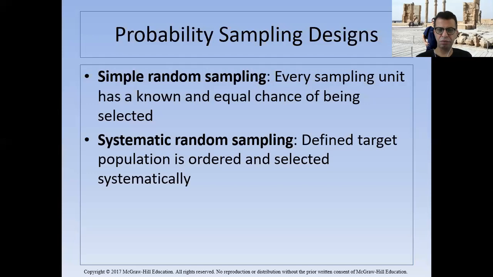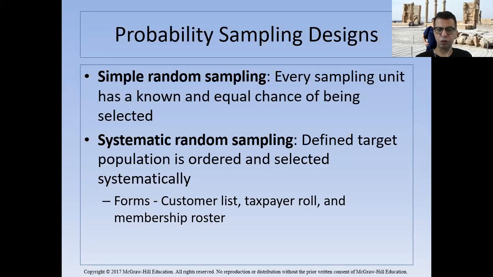Now, systematic random sampling: define the target population in order and select systematically. So you say, I will divide these groups according to their ethnic background, and I will ask every fifth person these questions. This is what you call systematic random sampling. The sources are forms, customer lists, taxpayers, and member rosters.